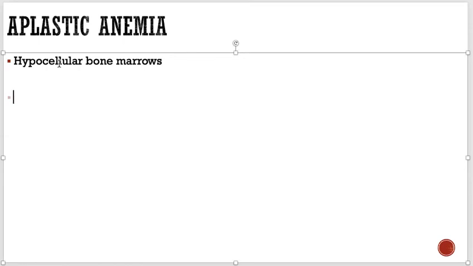Whenever it comes to normocytic anemia, a very good mnemonic, guys, to remember the causes is ABCD.